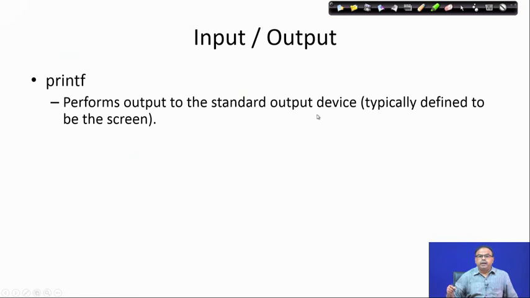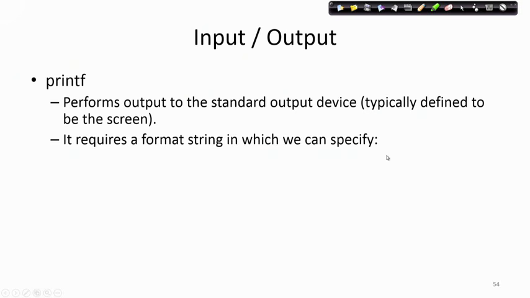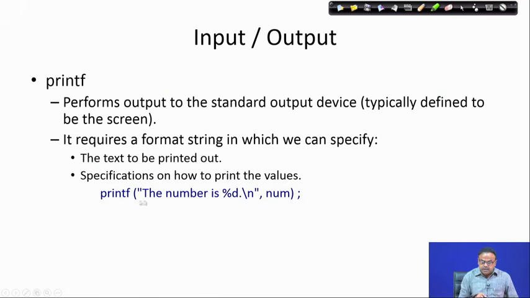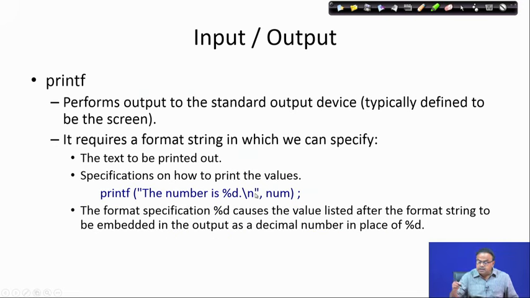Typically, when we include stdio.h, then by default it is taken as the screen, and it requires a format string in which we can specify the text to be printed out and the specifications on how to print the values, like printf number is dash, and that dash can be filled up by %d, that means an integer can come here, and then you remember what backslash n means. It means I am going to the new line, and then followed by the number.